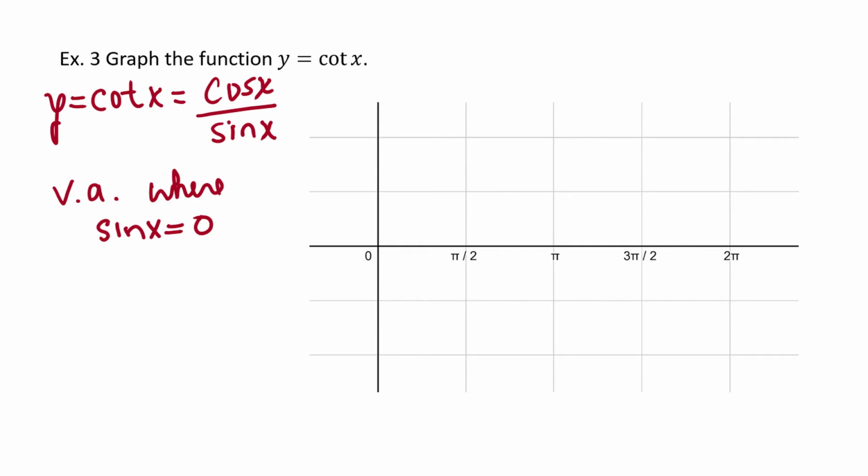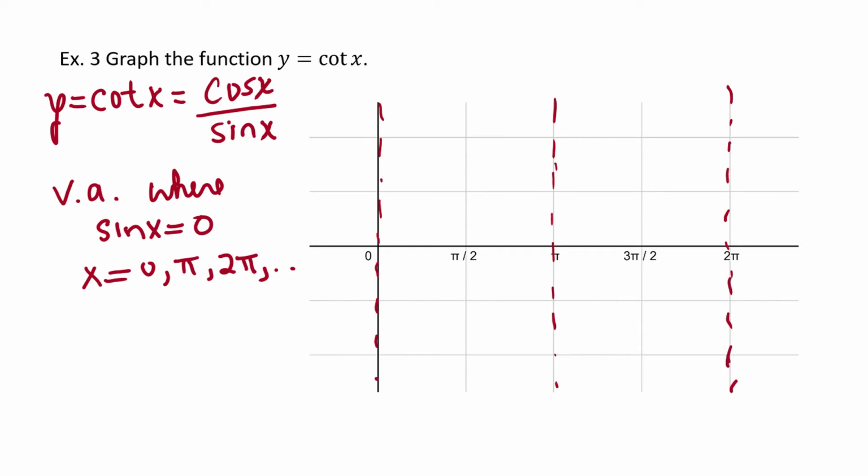And that happens at x equals 0, pi, 2 pi, and so on. So I'll draw vertical asymptotes through the y-axis, through pi and 2 pi.